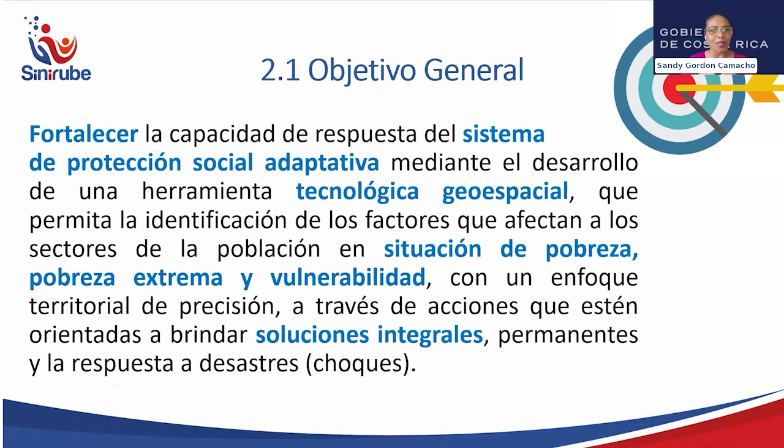We have wanted to mainstream social protection and risk management by developing a platform that was not only meant to provide an alert, but also to provide geospatial data that allowed us to identify different factors within the population, prioritizing poverty, extreme poverty and vulnerability, because we have an accurate territorial approach.